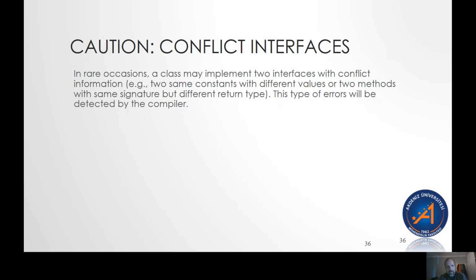This type of error, or two different constants with different values, the same constant name but two different values, the compiler will detect and will give us a compiler error. So we cannot implement two different interfaces that come with conflicting information.